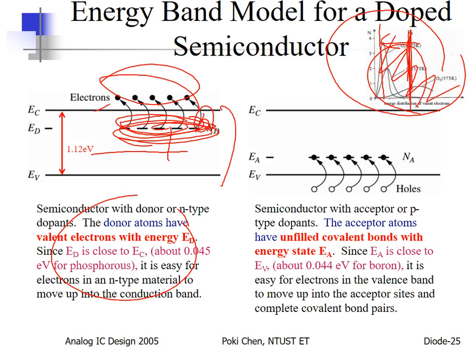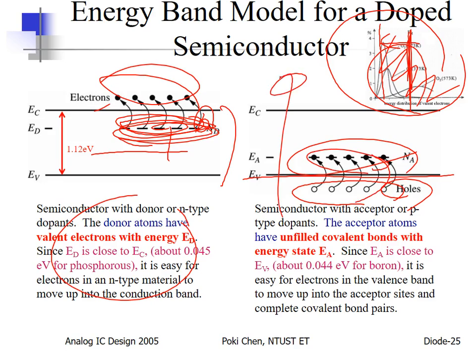And how about if you dope some kind of acceptors? The level will be much lower, very close to your valence band. So the valence electrons here will jump up to here, not to there, so they are not conductive. But when they jump here, you have a lot of holes.